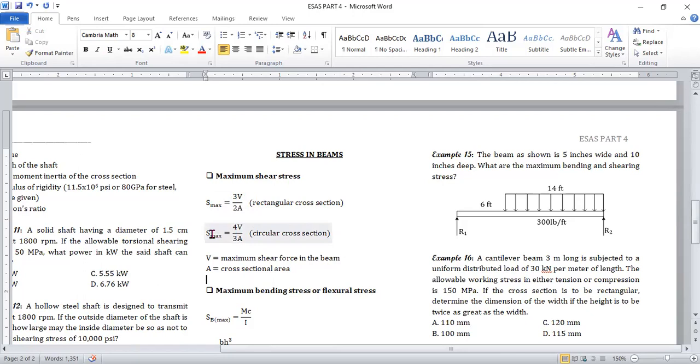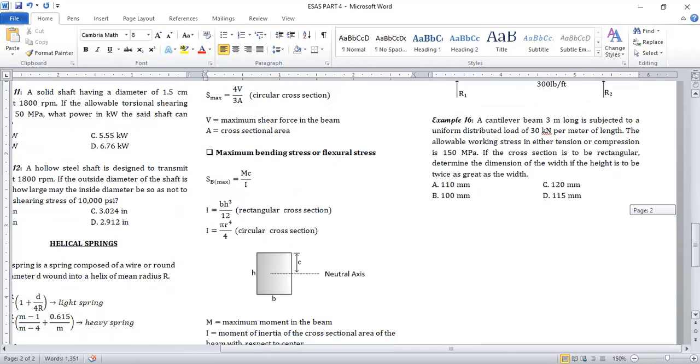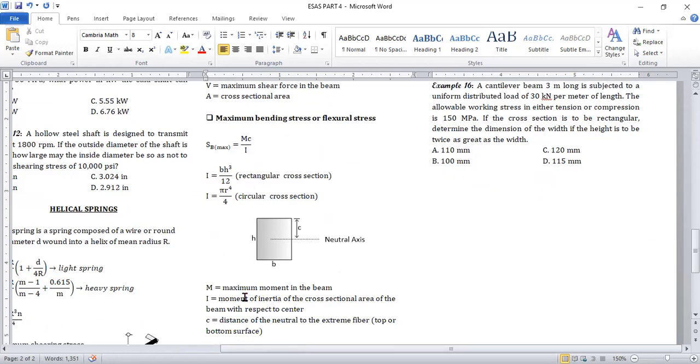Okay, for circular cross-section, so you have the 4V over 3A, and then we have the maximum bending stress or the flexural stress. Okay, so we have here SB max, no? So which is equivalent to MC over I. So first M here, M stands for the maximum moment in the beam.